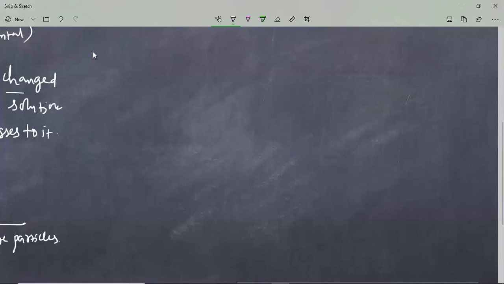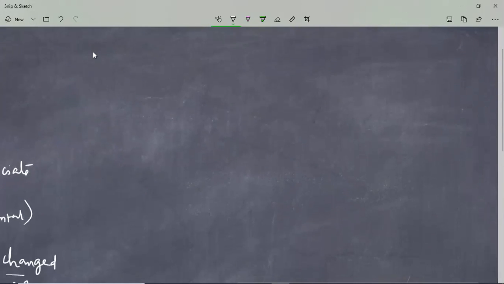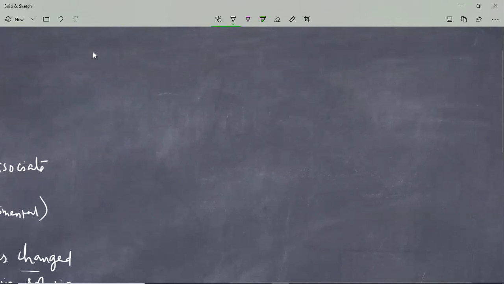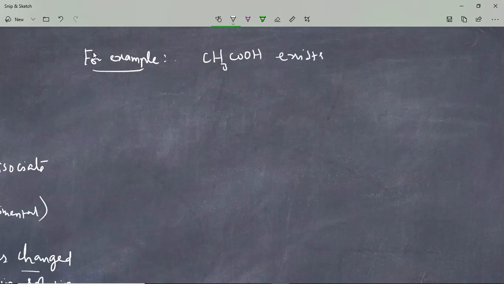Now we will see this in a picture. For example, if you take acetic acid, CH3COOH, it exists as a dimer in benzene.